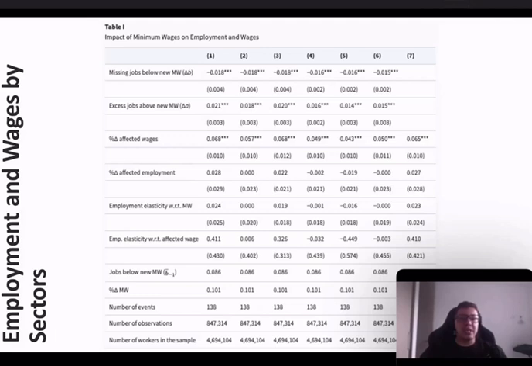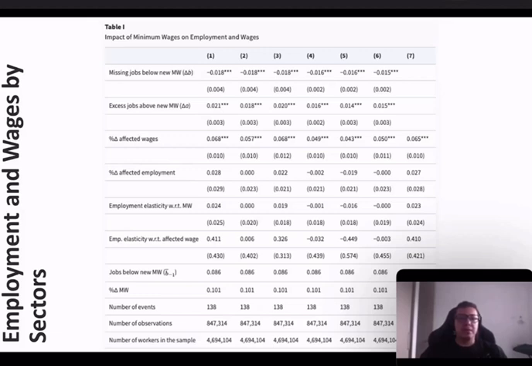The table reports the 5-year average post-treatment estimate on the missing jobs up to $4 below the new minimum wage, and excess jobs up to $5 above it.